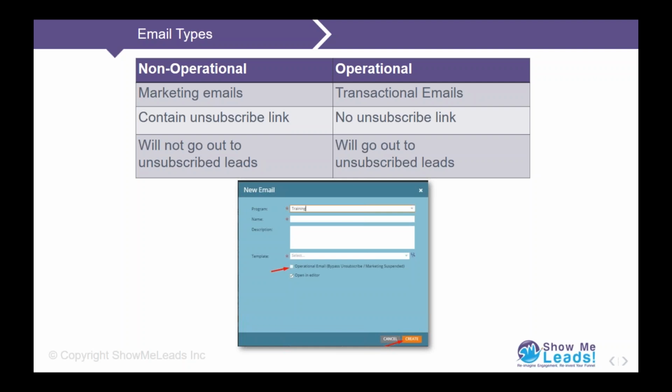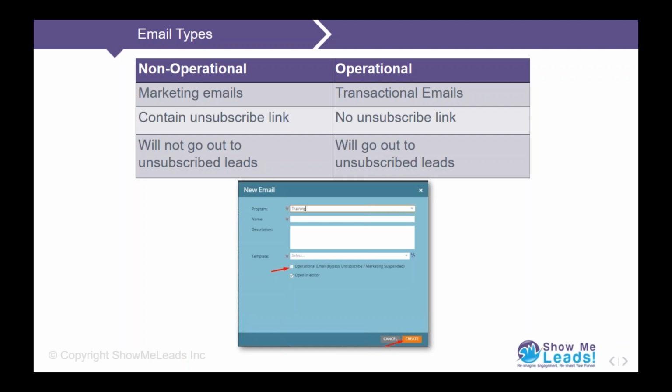This is what most companies do 99% of the time, and we've all lived that life so far. But operational emails are an interesting flavor. They allow you to send to unsubscribed leads, and they do not contain an unsubscribe link.